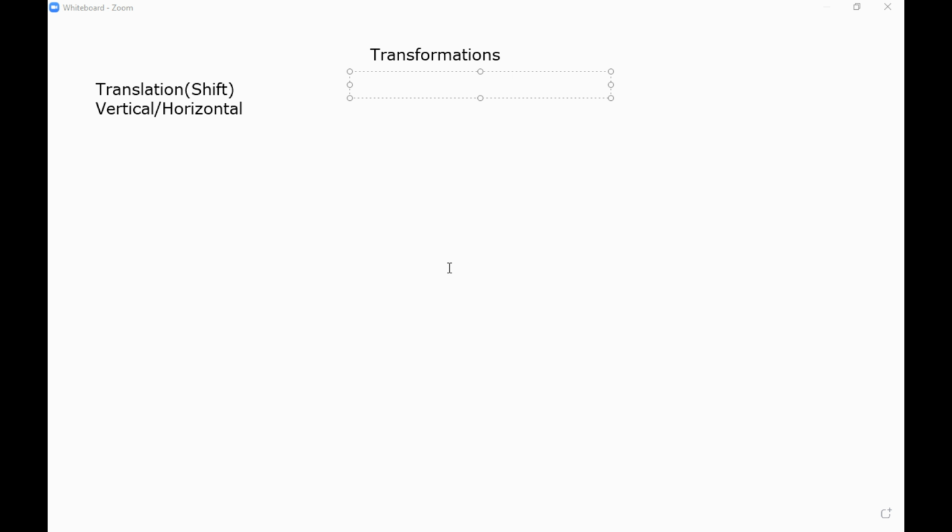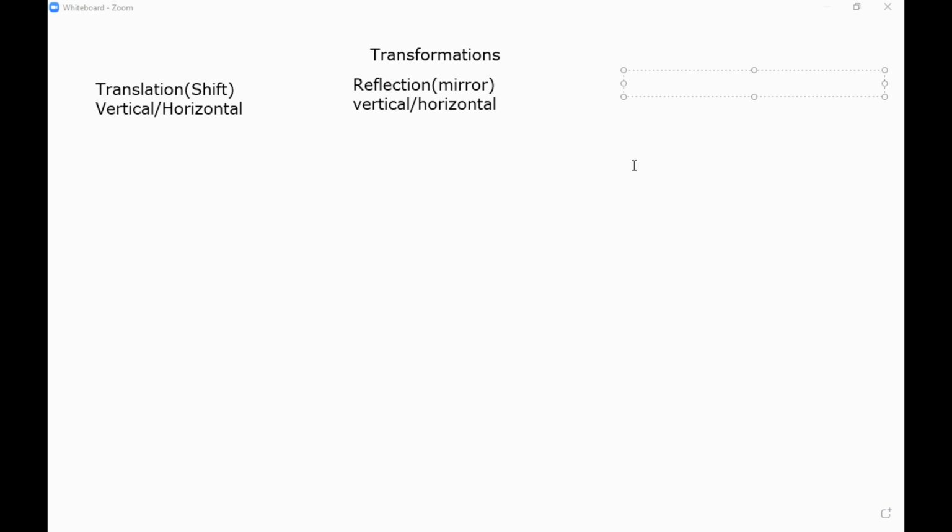Then we've got the other one, which is your reflection. When you reflect something, there's a line of reflection. Reflection can also be vertical or horizontal over a mirror line, right? So horizontal. And this is also a mirror image of something.